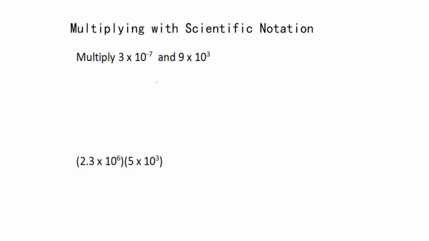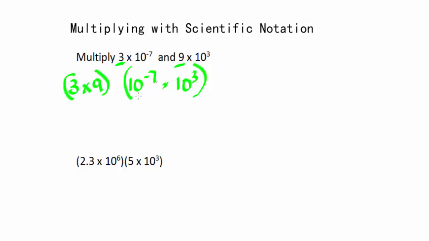Okay. Multiplying with scientific notation is the last thing we're going to learn with scientific notation. And multiplying with scientific notation is really, it's not that stressful, so don't stress about it. So let's use green. So if we multiply, all you do is you take your whole numbers, or doesn't have to be a whole number, your numbers out in front, 3, you group them, you do 3 times 9, okay, and then you have your 10 to the negative 7th times 10 cubed.